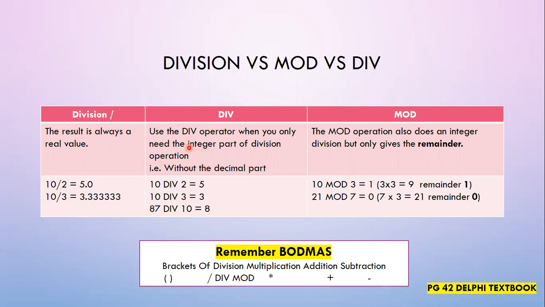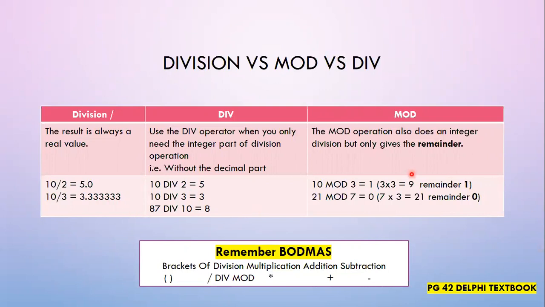Use the div operator when you only need the integer part of the division operation, so therefore without the decimal. Do you see here? 10 div 2 is equal to 5. I've dropped my 0. 10 div 3 is equal to 3. I've dropped my recurring 3's.